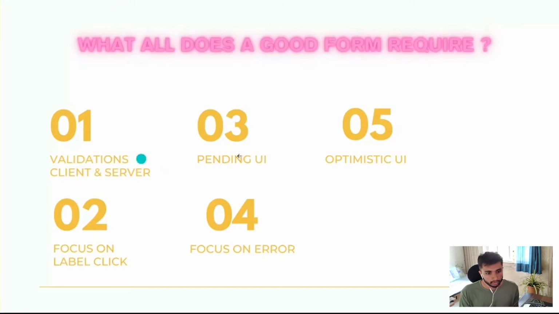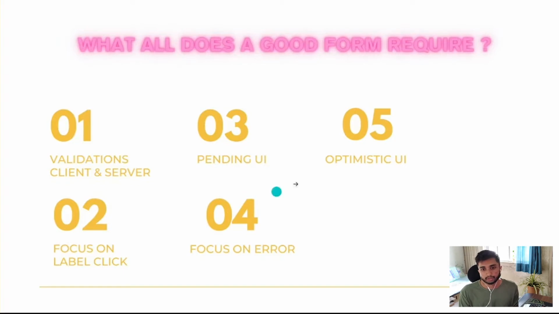We'll also look at optimistic UI. We'll also look at focus on label click, that is easy, so that can be done in any of the forms. You just need to pass a name and ID to the label and the input. And focusing on errors, that is also one thing which you would like to have in a good form.